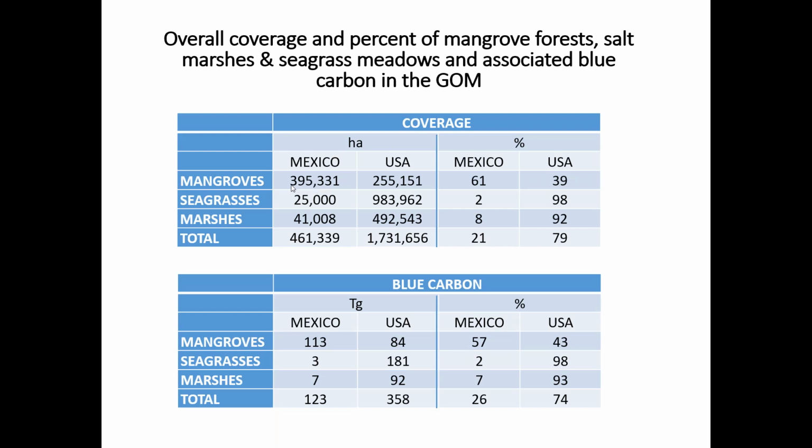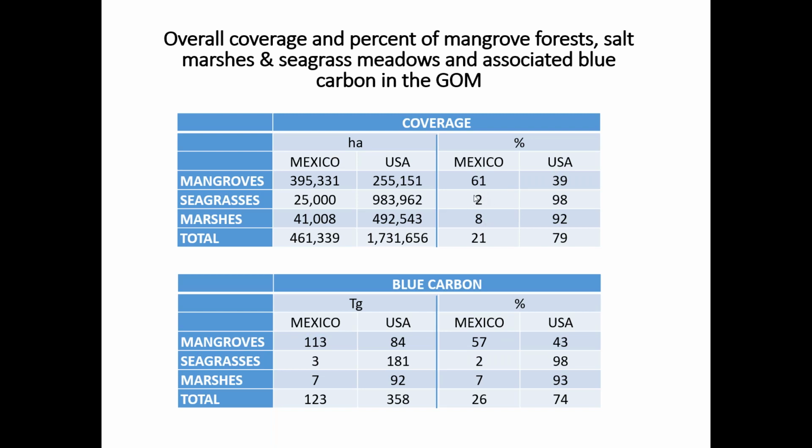You can see that mangroves have 395,000, whereas USA has 255,000. I'll leave those big numbers on the left aside just to talk about the percentages. From mangroves, Mexico has 61%, whereas USA has 39%. And then you see that all the numbers in USA are bigger than those in Mexico.